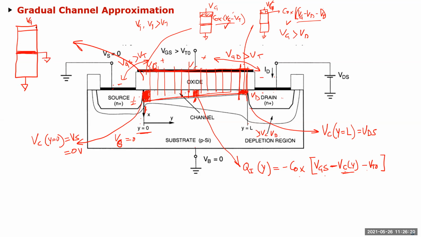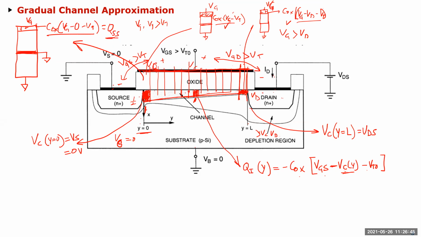This is VG, so the charge accumulation here is Cox times VG minus 0 minus VT, because it's the difference between these two points. That is your total charge, QS, at the source end.